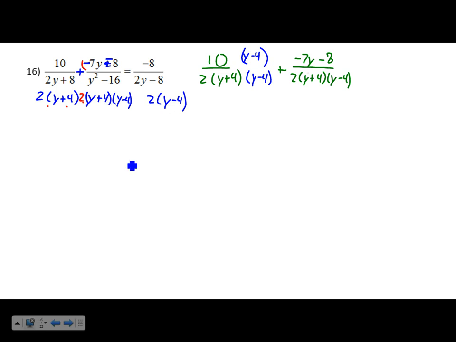I'm going to need to multiply the top and the bottom by 2 to get that. This one was just y plus 4, y minus 4, so we need to multiply by 2. And that's equal to 2 times y minus 4 and negative 8. So I need to multiply this one, the top and the bottom, by y plus 4.